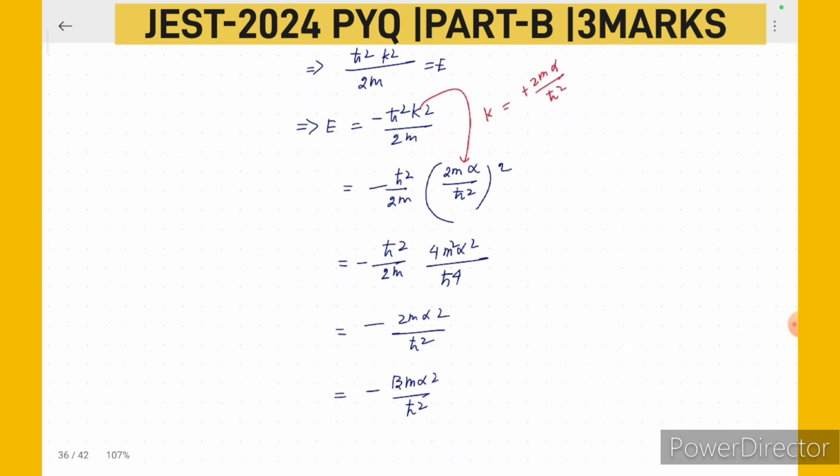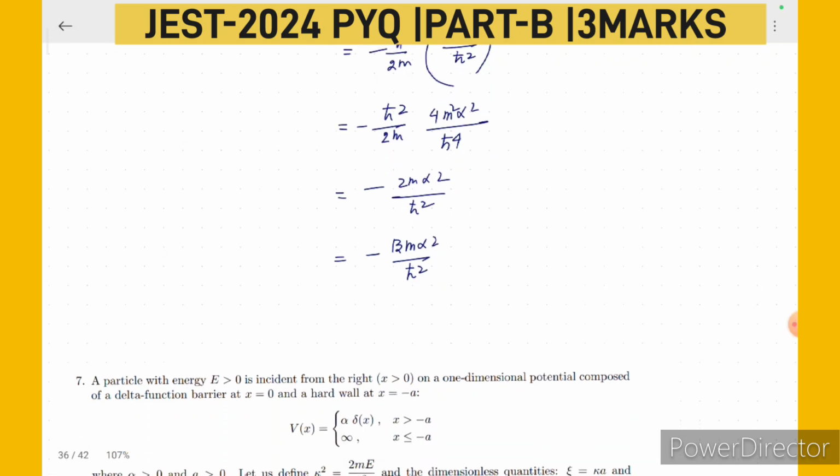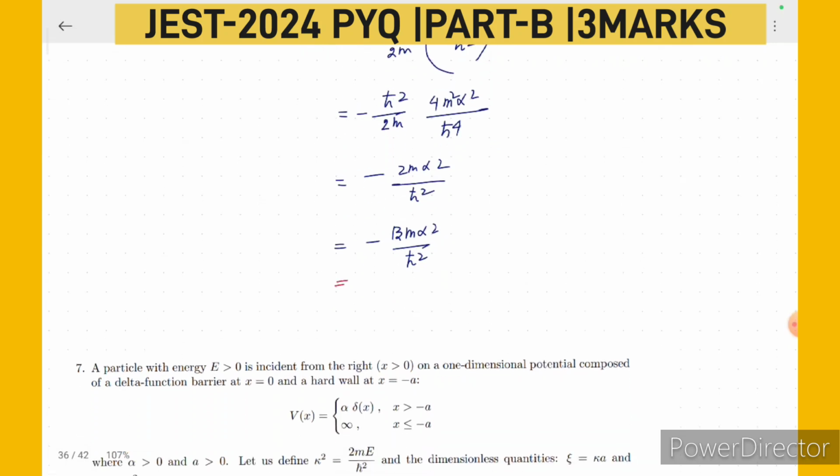So that is minus ħ²/2m times 4m²α²/ħ⁴. Finally we get minus mα²/2ħ². So option C is the correct answer.